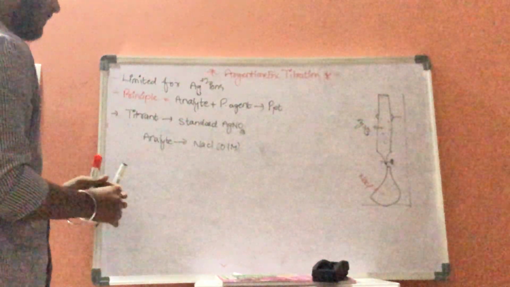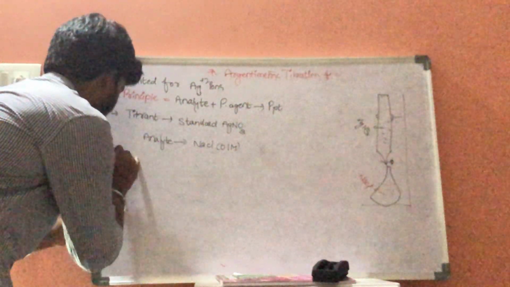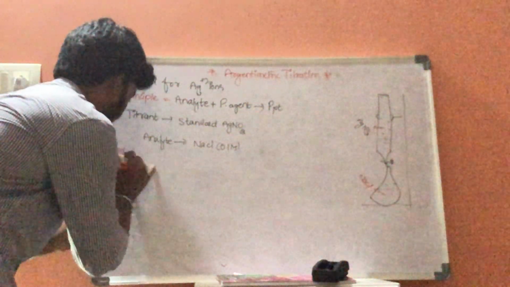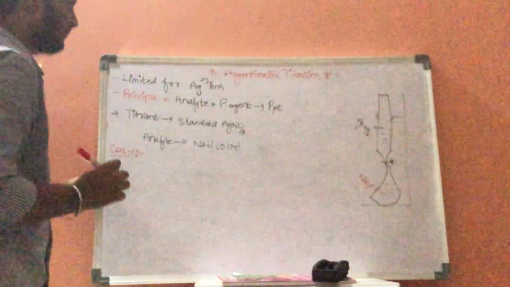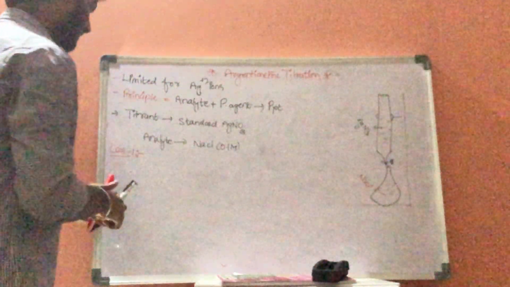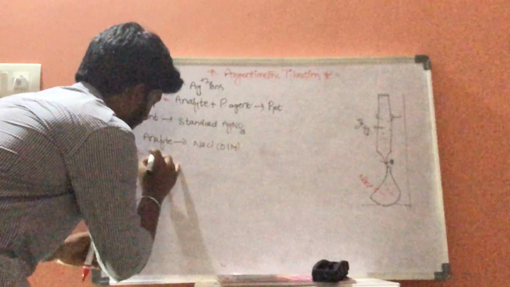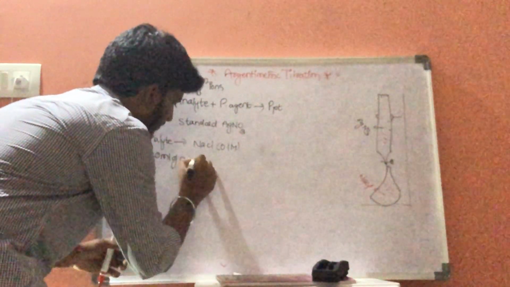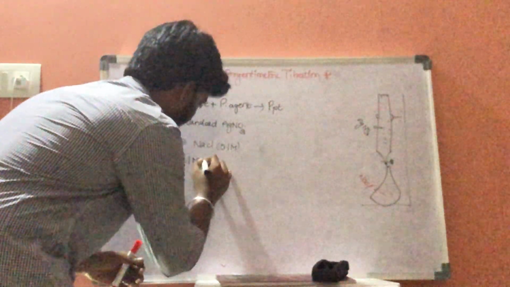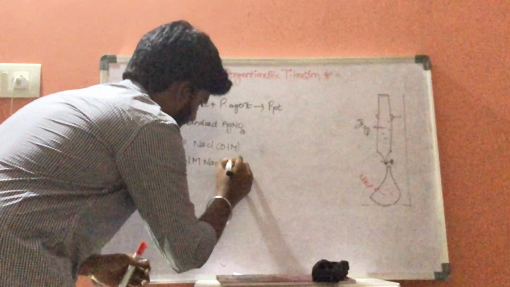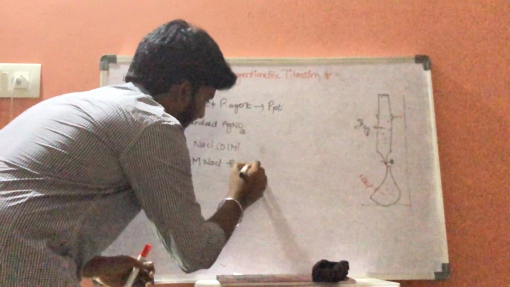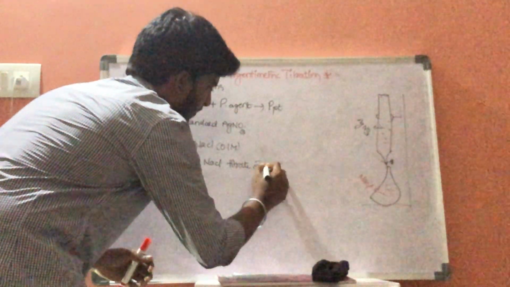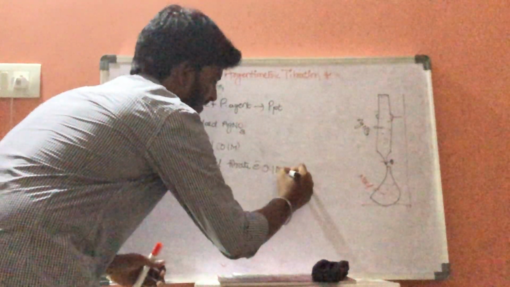Now let us consider case number 1. Take 20 ml of 0.1 molar NaCl and titrate with 0.1 molar AgNO3.